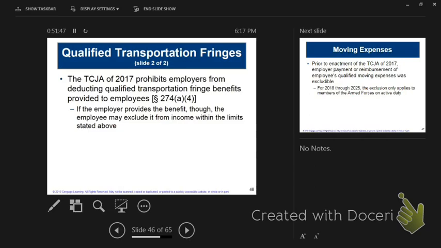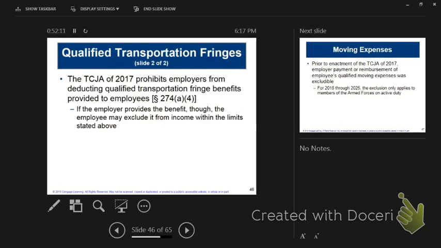So that was the one. And then starting in 2018 as well, it prohibits employers from deducting qualified fringe benefits provided to employees. So if the employer provides a benefit, they will no longer be able to deduct any of the fringe benefits.